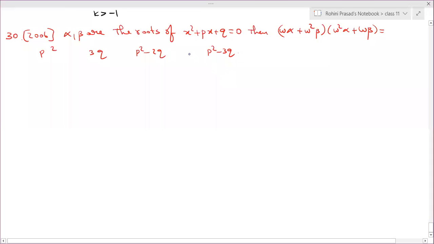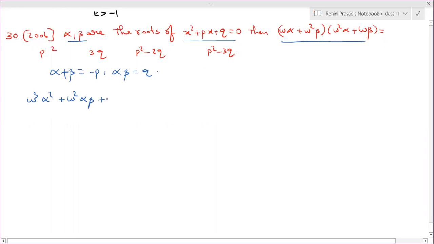That's the answer. They're given alpha, beta are the roots of this equation. Automatically alpha plus beta equals minus t, alpha beta equals q. Now you need to find the value of this. If you open the bracket: omega alpha into omega square alpha, omega cube alpha square, plus omega into omega square alpha beta, plus omega square beta into omega square alpha is omega power 4 alpha beta, plus omega square into omega beta square.